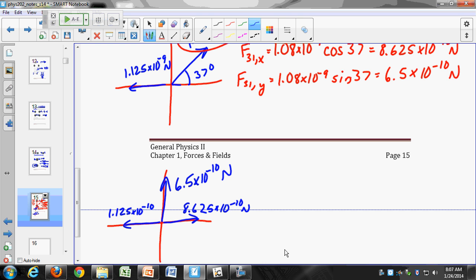Alright, so what I want to get to is an x and a y component of my final vector. Right now I have two x components, so I'm just going to add these two together. I'm going to say 8.625 minus the 1.125 times 10 to the minus 10.